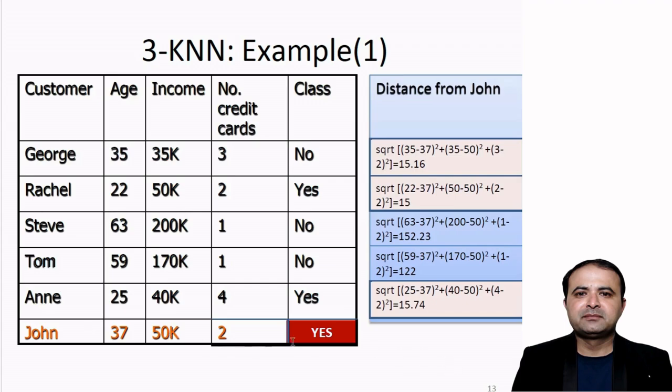So I want to calculate all the distances from George, Rachel, Steve, Tom, and Annie. There are five of them. So distance from George: 35 minus 37, 35, 50, and 3, 2. So this is all the differentiation.